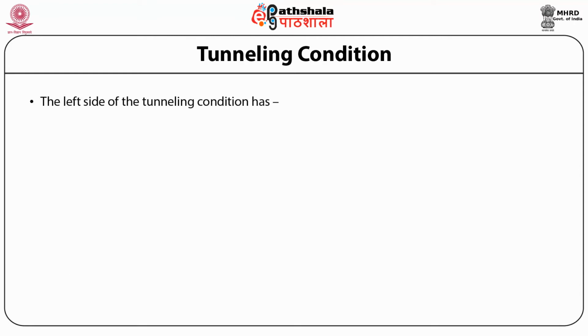The left side of the tunneling condition can be written as d into root of E bar. This is equivalent to 10 raised to the power minus 9 meters into root of 10 raised to the power minus 18 joule. This equals 10 raised to the power minus 18 joule second kg raised to the power minus 1 by 2. This is equation 2.